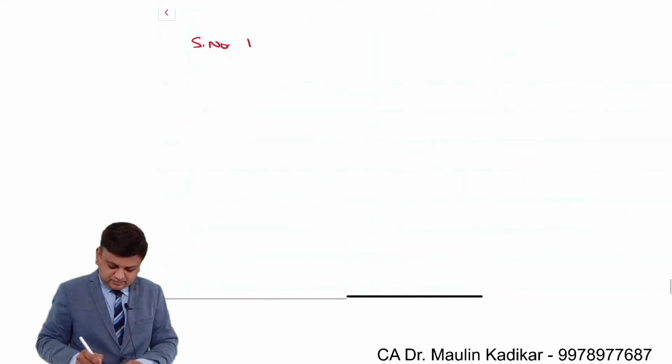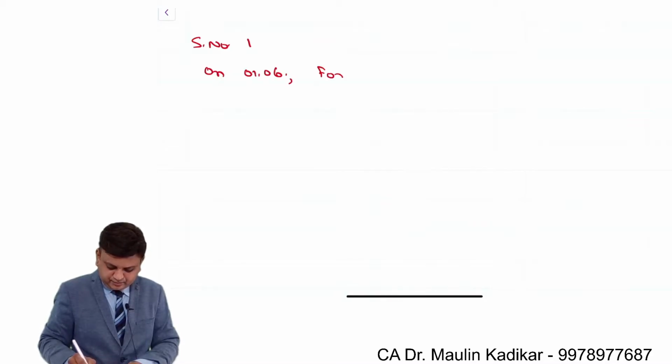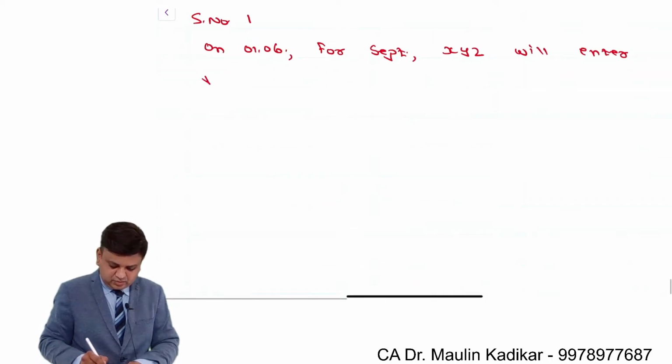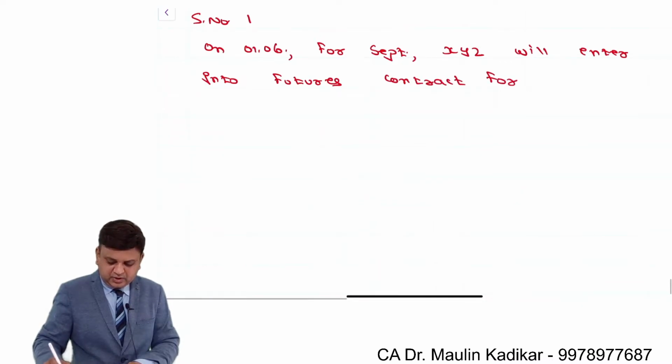In that write down on 1st of June for September, XYZ will enter into futures contract for September.